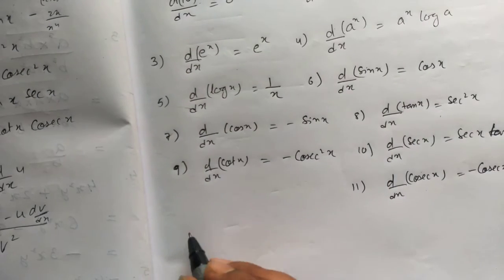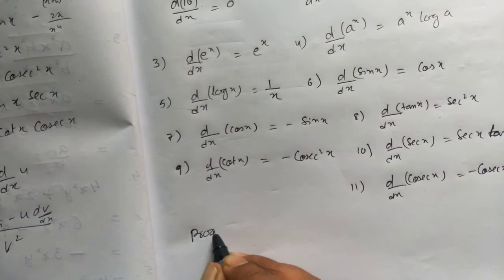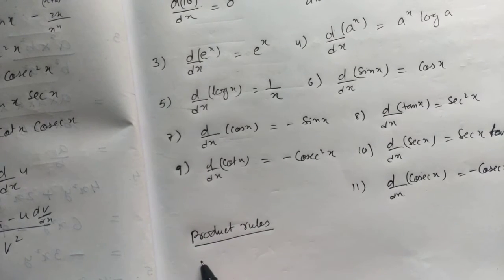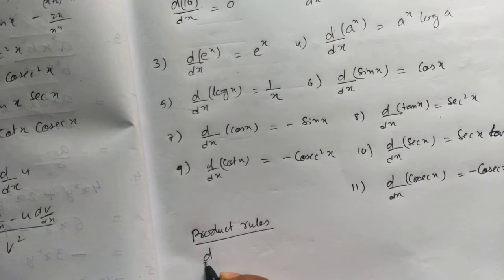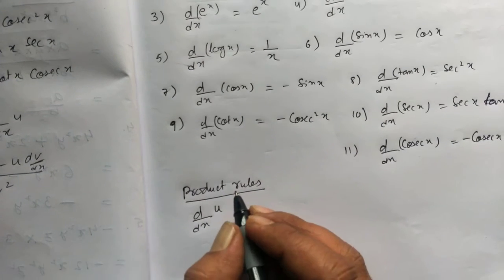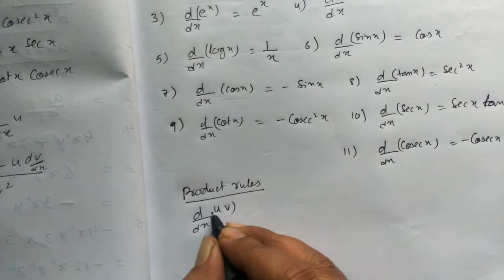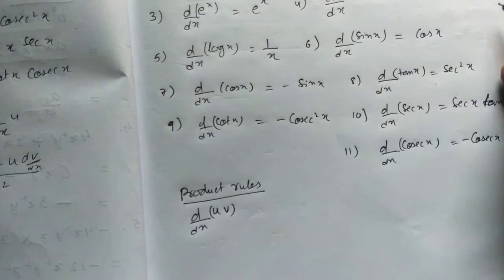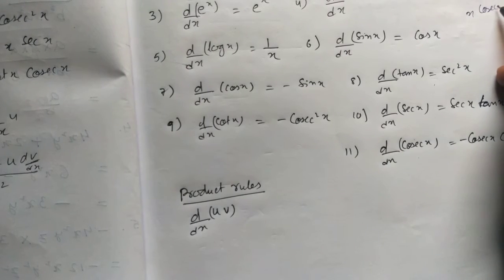We also have some rules, product rules, okay? If you are deriving u v, two different functions, suppose you are deriving u and you are deriving v. Suppose it can be x cosec x.